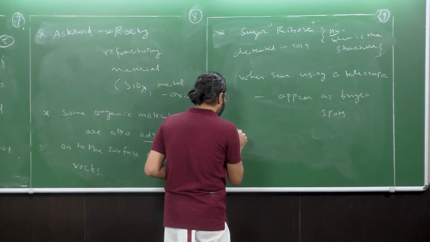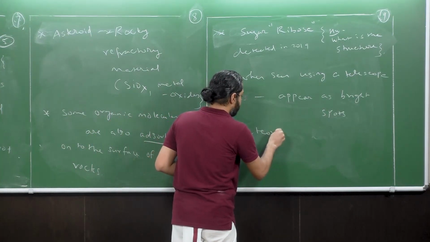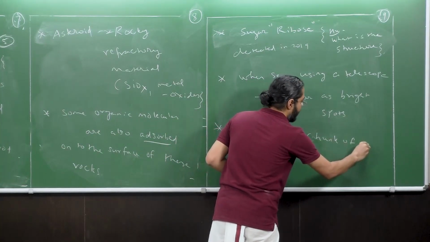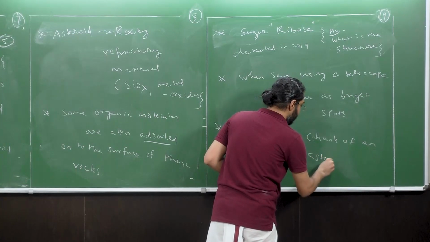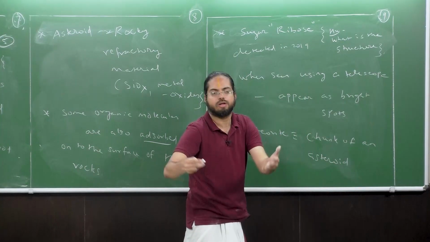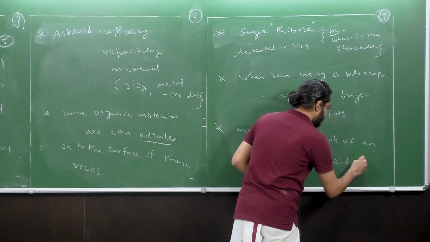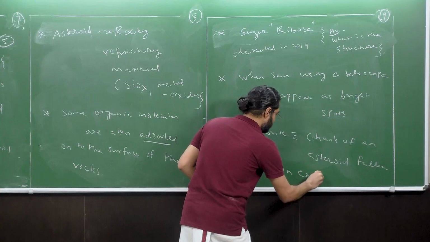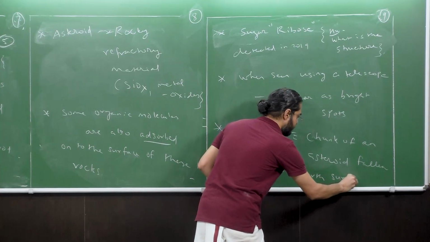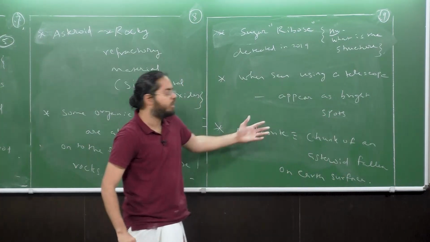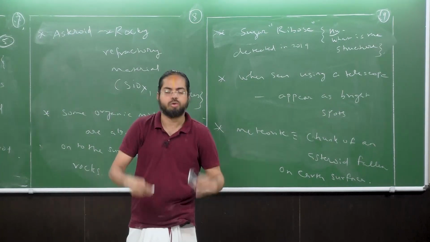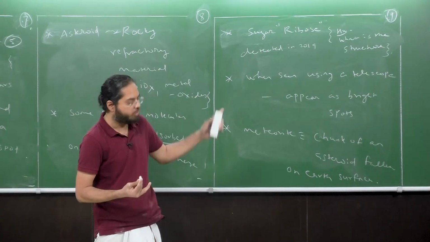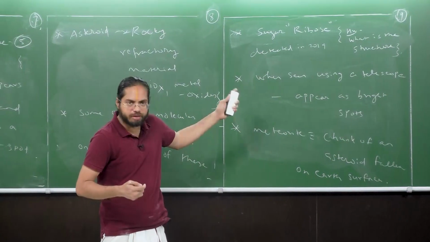A meteorite is nothing but a chunk of an asteroid that has fallen on the Earth's surface. So this is all a meteorite is. So we've looked into what a comet is, what an asteroid is, and as part of an asteroid, we also understood what a meteorite was.